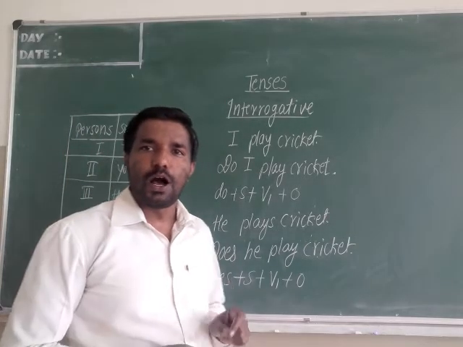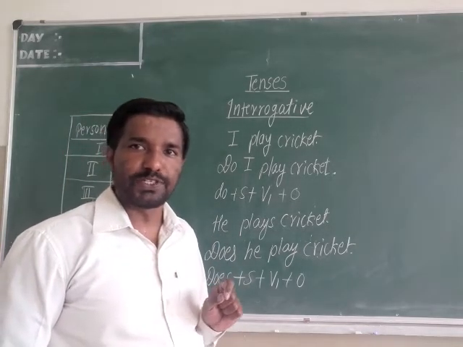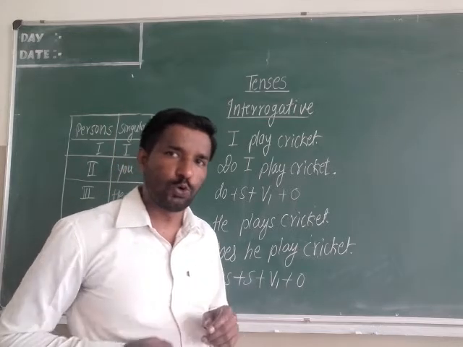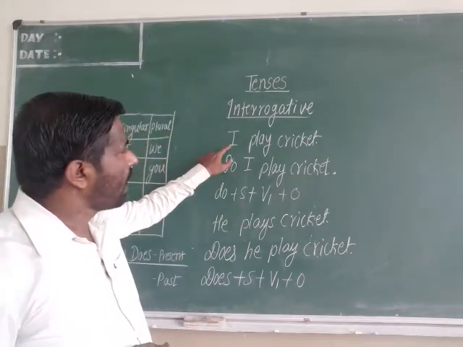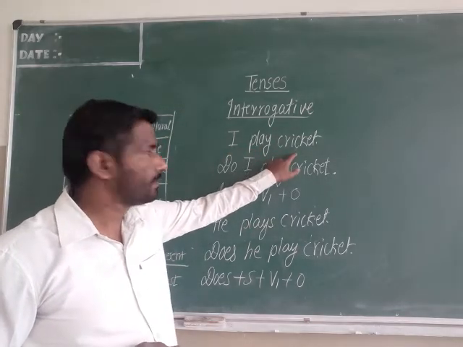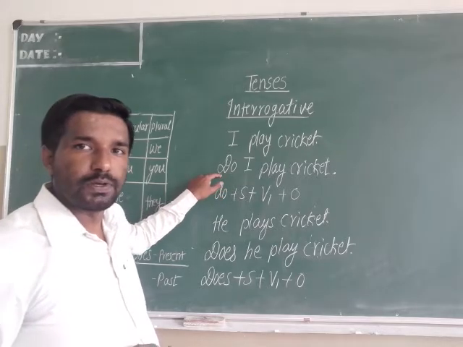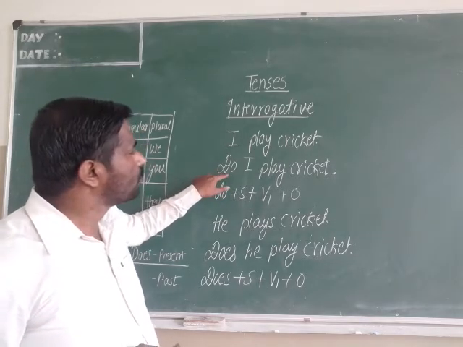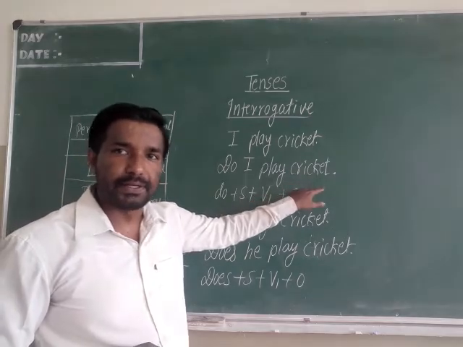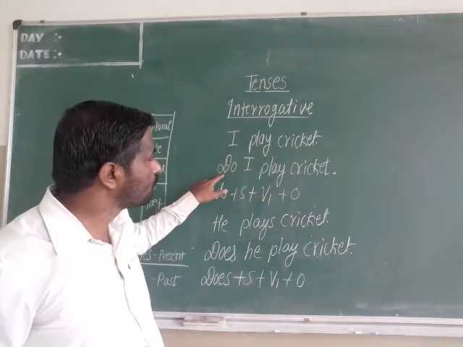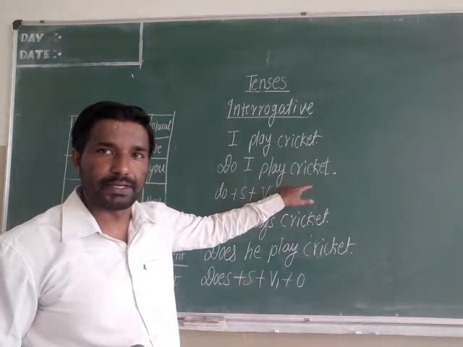Now you see how to change an affirmative sentence into an interrogative sentence. Interrogation means asking a question. For example, I play cricket. Here you have to take the help of do. So, do I play cricket? I play cricket, affirmative. Here interrogation, do I play cricket?